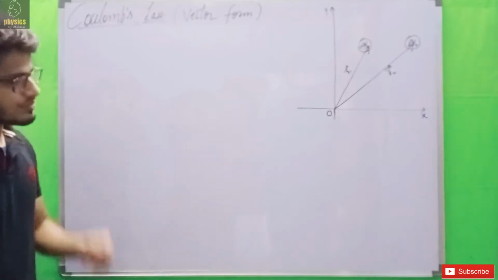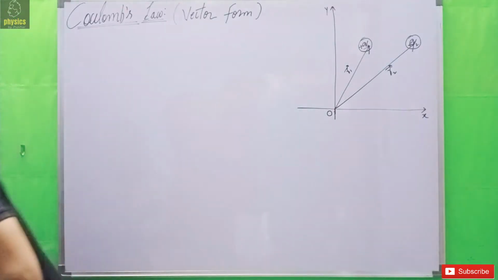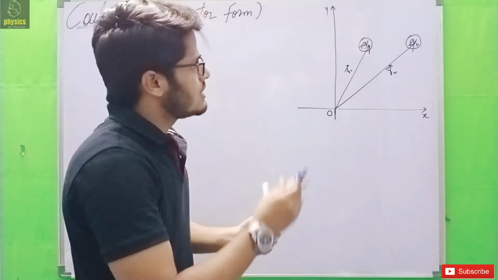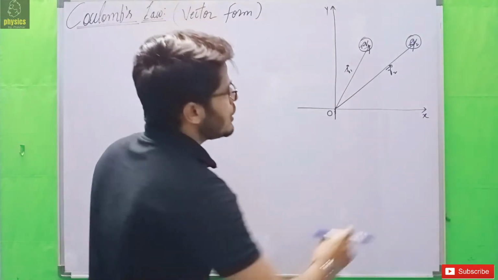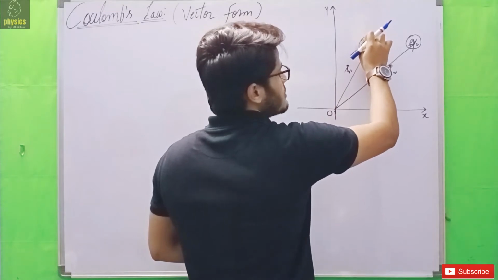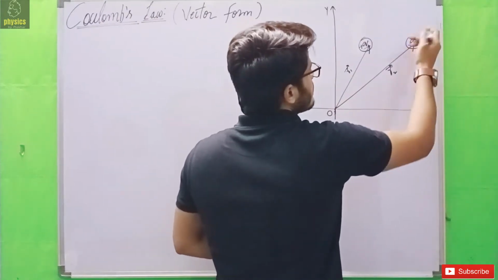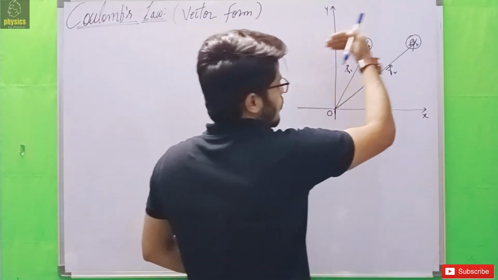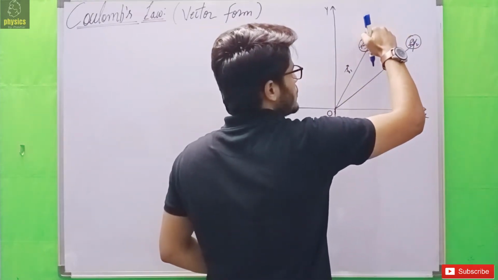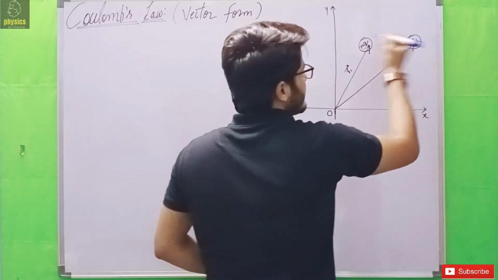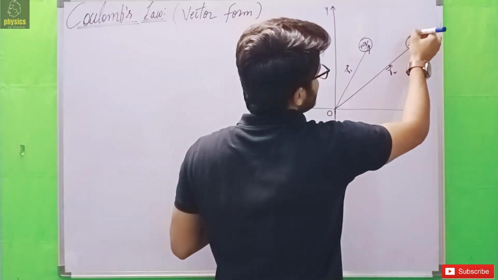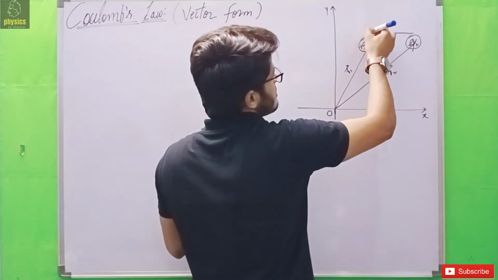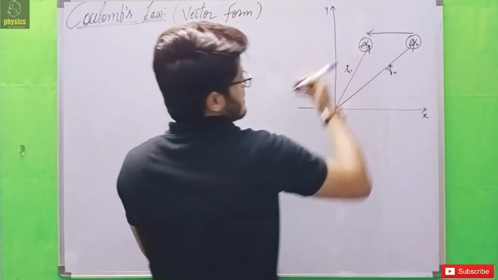Now if I want to find out the force on the particle 1, the charge 1 due to 2, the direction of the force will be in this direction. While finding the force on Q2 due to Q1, I'll take a vector between Q1 and Q2 as this, the vector having this direction.